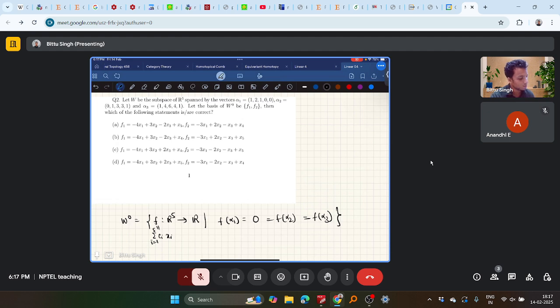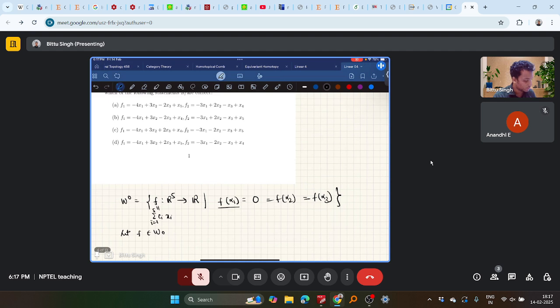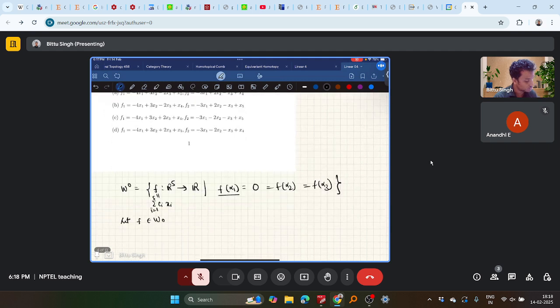So let me solve in this way. Let f belong to W naught. If we assume f belongs to W naught, then f satisfies the relation f at alpha 1 is 0. What is the meaning of this? Alpha 1 is the same as (1, 2, 1, 0, 0).